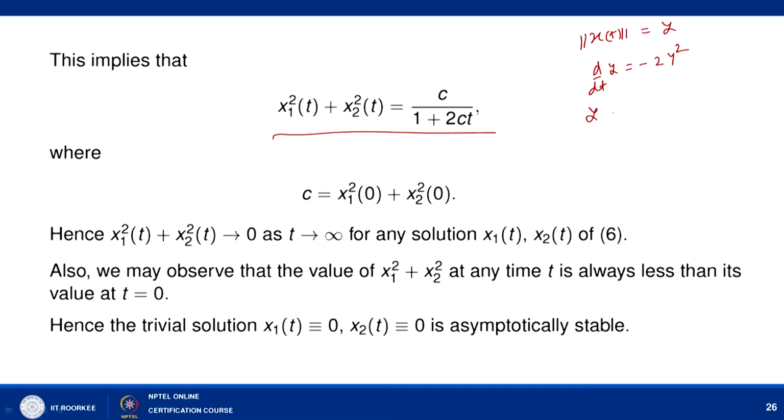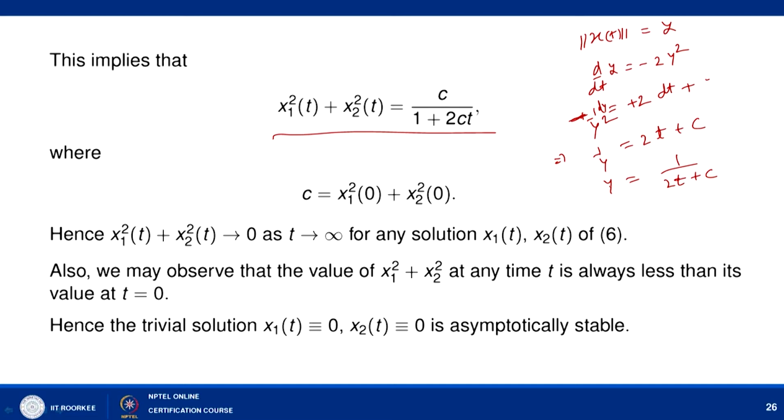Writing it as minus dy by dt over y square equal to 2, we get minus 1 upon y equal to minus 2t plus c, so 1 upon y equals 2t plus c. So I can write the solution y as 1 upon 2t plus c.